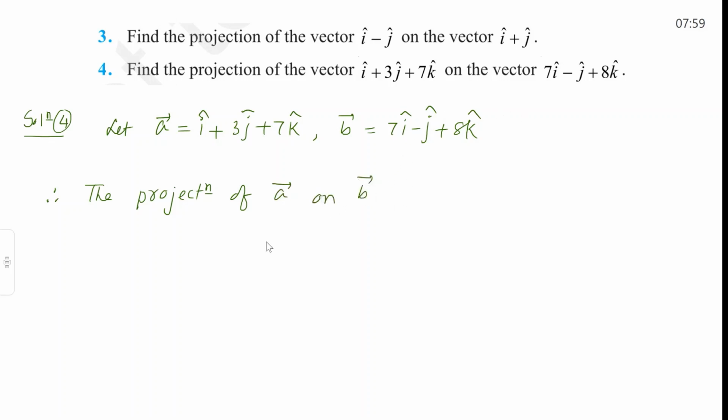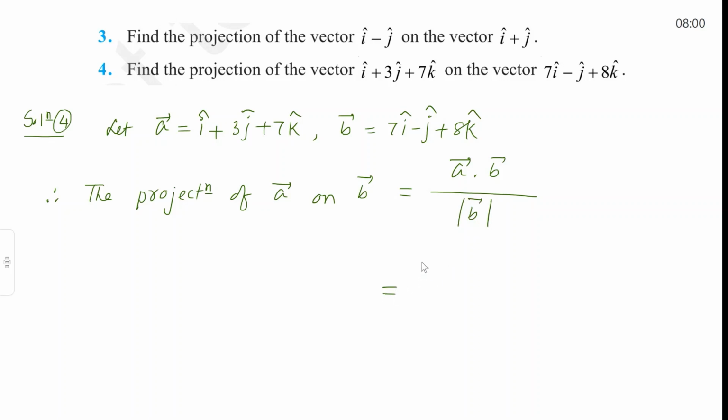And what was the formula for this? It was equal to the numerator, the dot product of the two vectors a dot b, and the denominator is the modulus of the vector on which you are taking the projection. Because we are taking the projection on b bar, it is modulus b bar only.